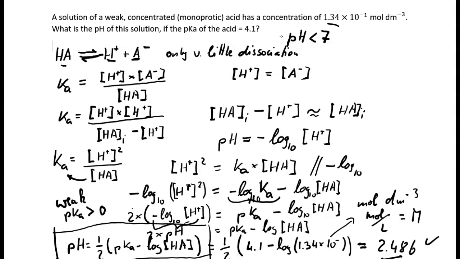So if we've got a pKa value given and it's larger than 0, we would usually consider that as a weak acid, and we would use this equation instead of the equation that we use for a strong acid, where we just simply use pH equals minus log of the proton concentration.